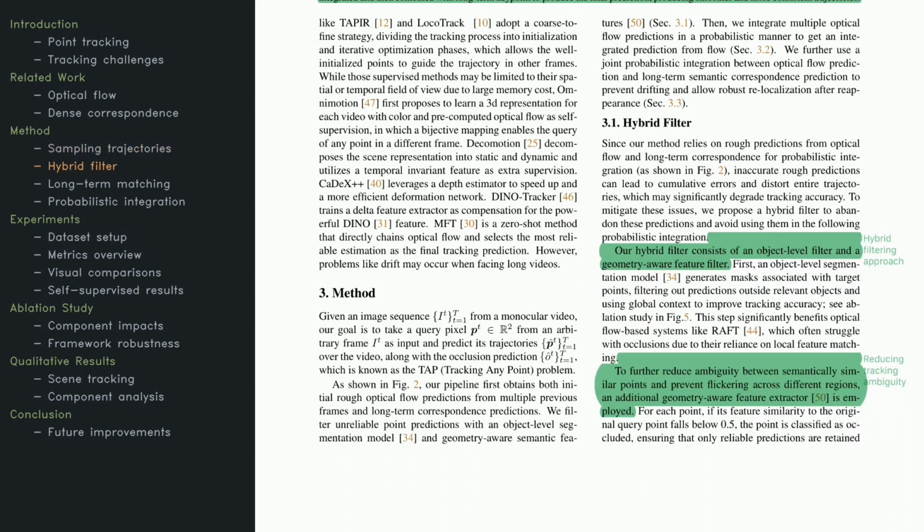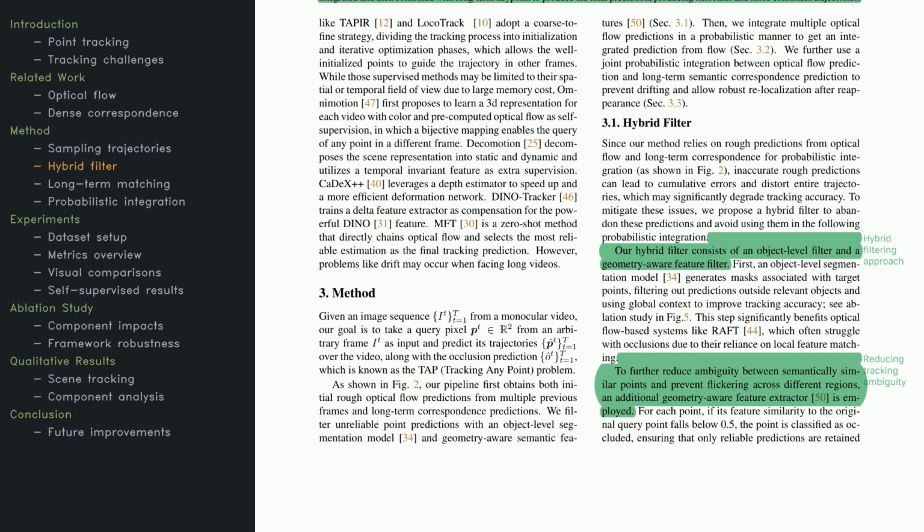Now, if you look at the details here, you'll see how the authors track a point across video frames, even under serious challenges like objects blocking each other. The pipeline begins with rough guesses about where the points will go, based on both optical flow and those long-term correspondences. Then, there's a hybrid filter with 2 parts. The first part is an object-level segmentation model that acts like a gatekeeper, filtering out points that belong to irrelevant objects.